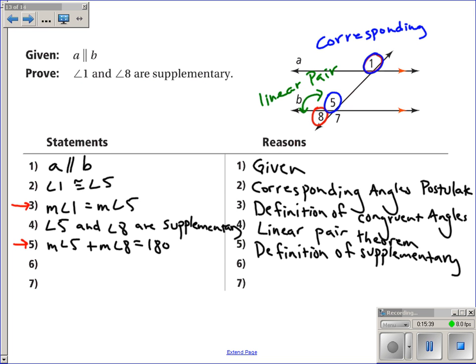We know some things about algebra: if these two things are equal, then I can plug in the measure of angle 1 into this part of the equation. So the measure of angle 1 plus the measure of angle 8 is equal to 180, and that's by substitution.